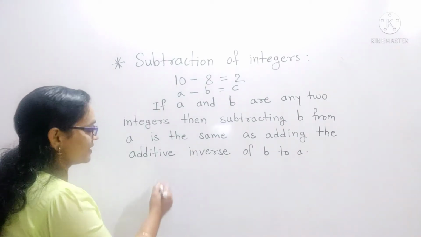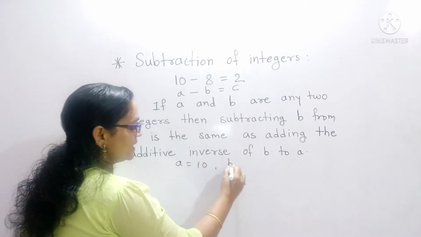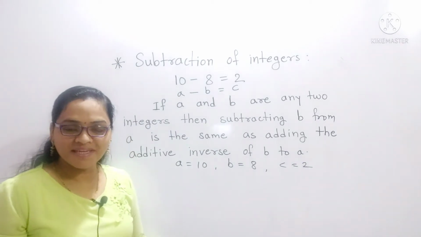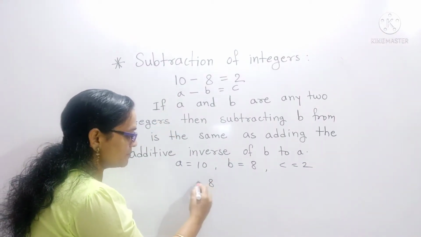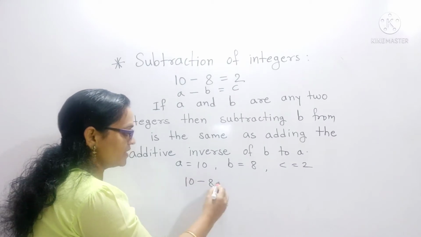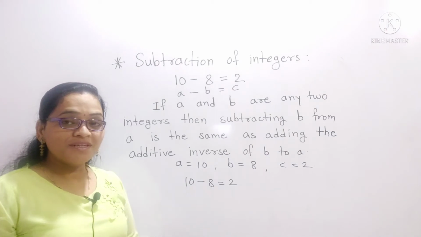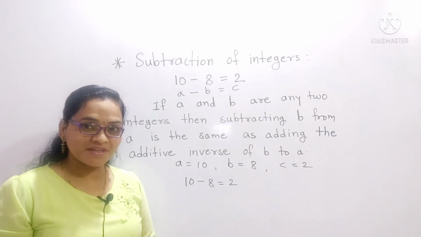See, we know here A is equal to 10, B is equal to 8 and C, the difference, is 2. If B is subtracted from A, we get a difference of 2. But what is subtraction? The reverse process of addition.